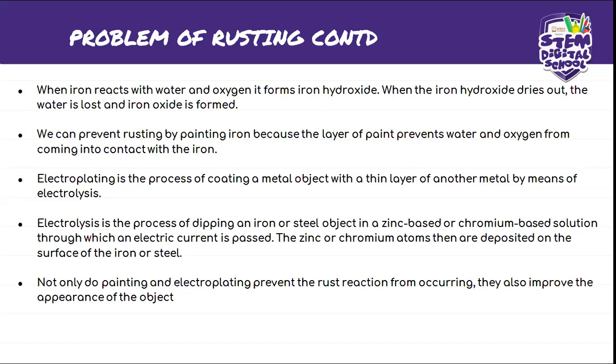So most of the times you'll see that you have got some earrings or rings, even for men also, that are plated with what? Gold. So you have a low value metal in the form of a ring or earrings, and what they will do is that they will coat it with what? Gold. So when they coat it with gold, we know that gold doesn't rust easily. So at the end of the day, that low value metal is looking like gold.